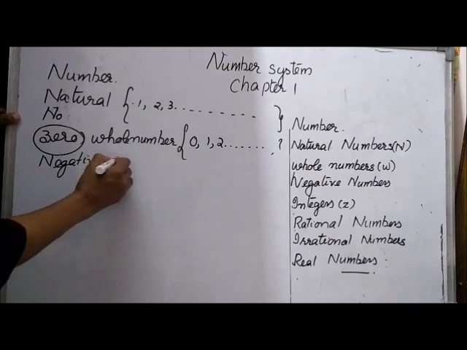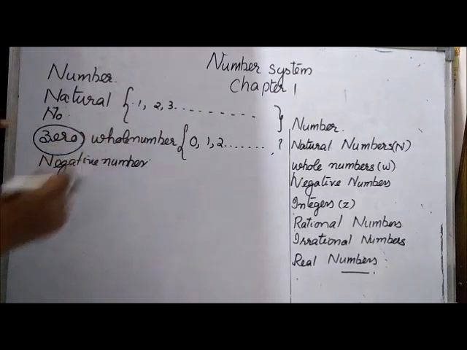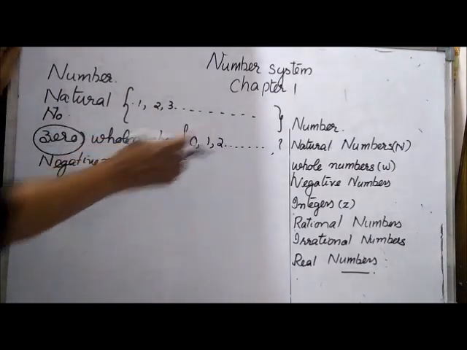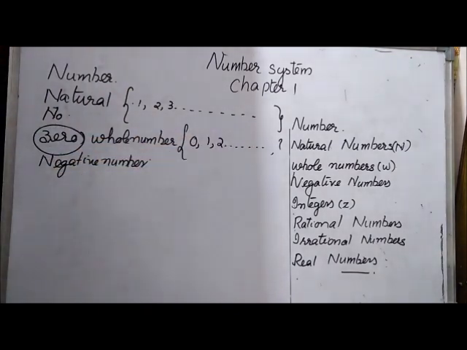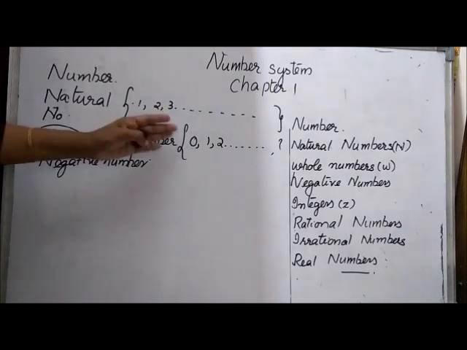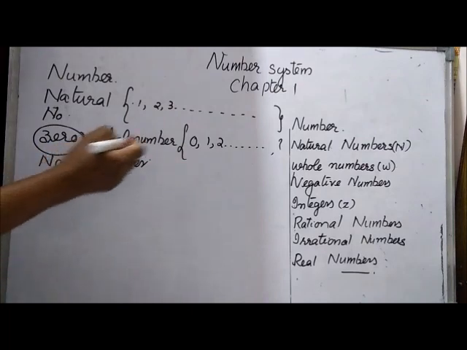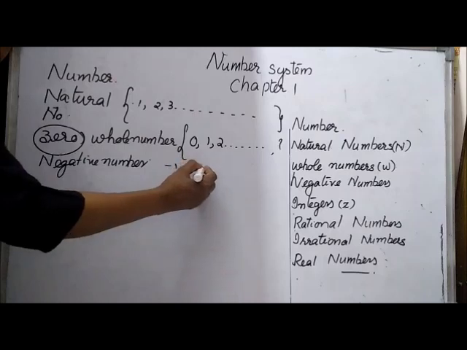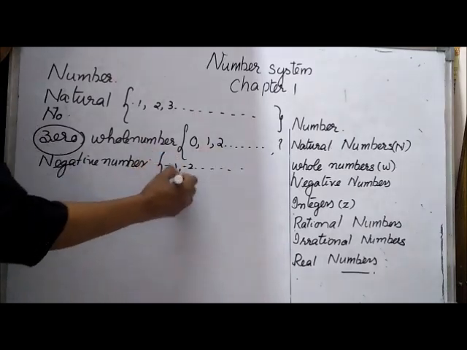Negative numbers means the numbers that are opposite to the positive numbers, that is 0, 1, 2, 3, etc. We introduce a negative number, the opposite of this positive, and it is denoted as -1, -2, so on, minus infinity.